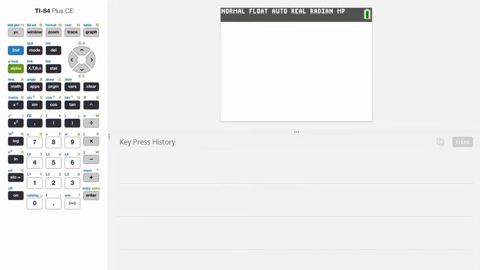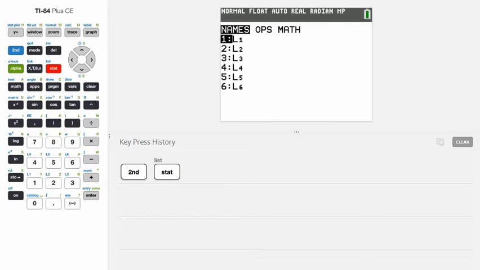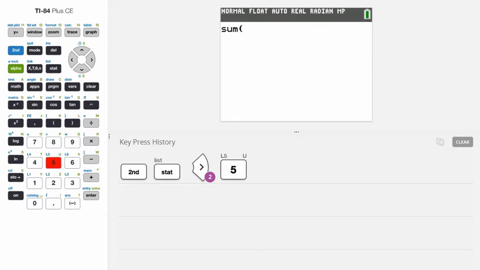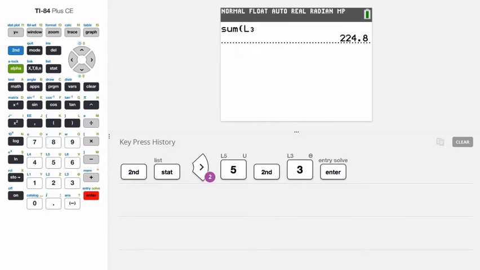One option that we have in addition to just adding up the numbers is on our calculator. Second, Stat is the list menu. Arrow over to Math. Choose number 5, which is sum, and we want to sum up L3. Second, 3, enter, and we also get 224.8.